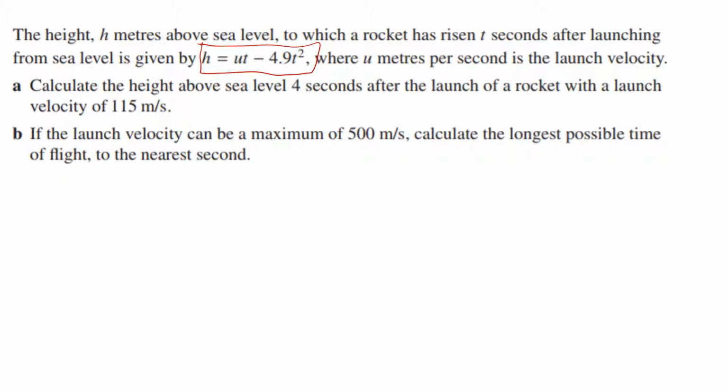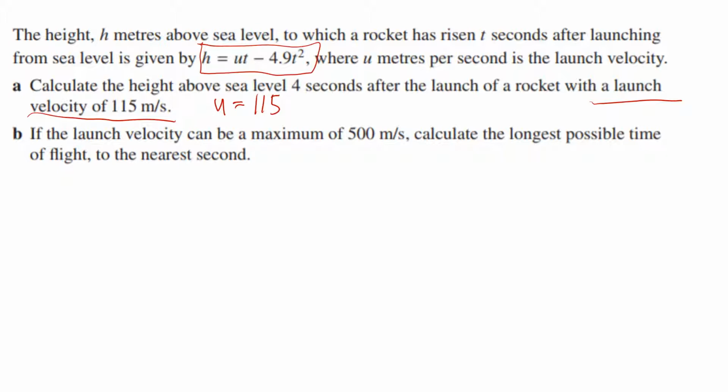Firstly, we need to calculate the height that this rocket will reach above sea level, the point of projection, 4 seconds after being launched, if it has a launch velocity of 115 meters per second. So all we have to do is replace u with 115 in the equation. Okay, so then that's the equation matching the given situation.